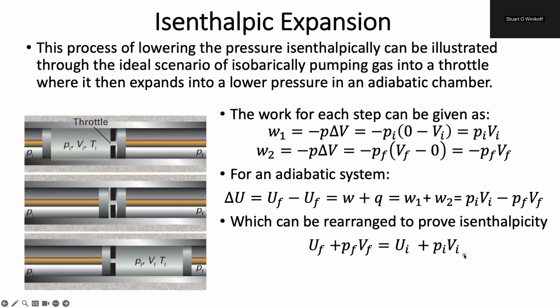Now this should hopefully be ringing some bells because that's the definition of enthalpy. What we showed is that the final enthalpy is equivalent to the initial enthalpy, meaning the enthalpy didn't change. So we showed that if we have this compression and expansion from a high pressure to a lower pressure, this will indeed be isenthalpic as long as the whole container is adiabatic. And again, this is a really handy proof.